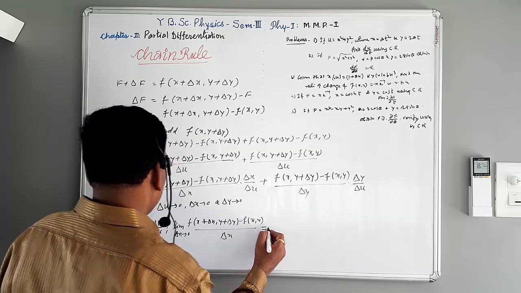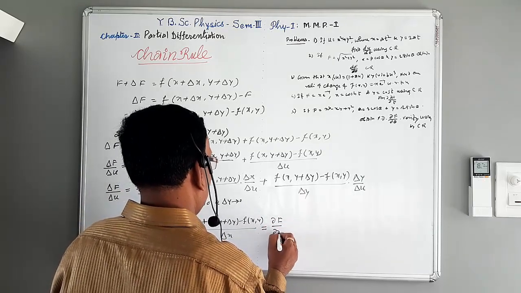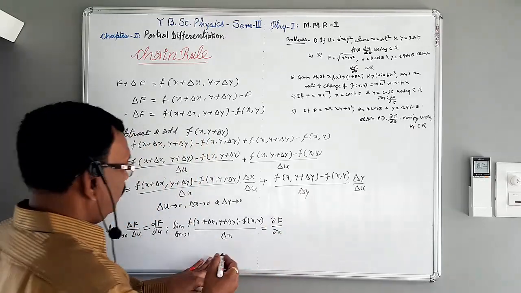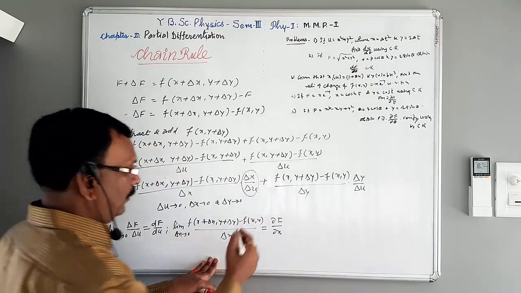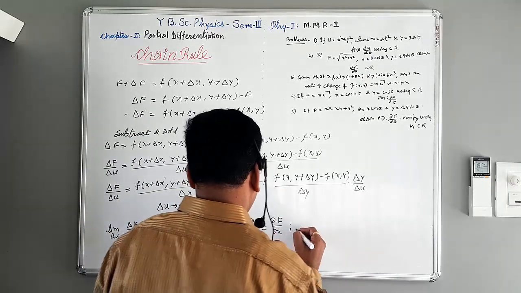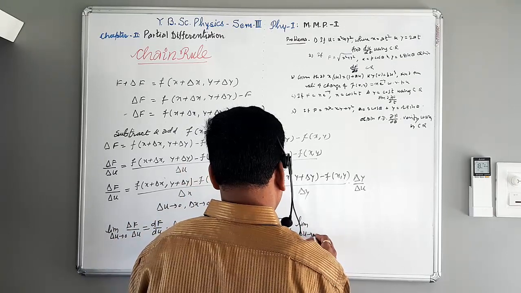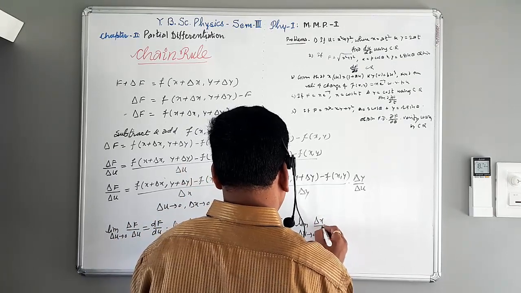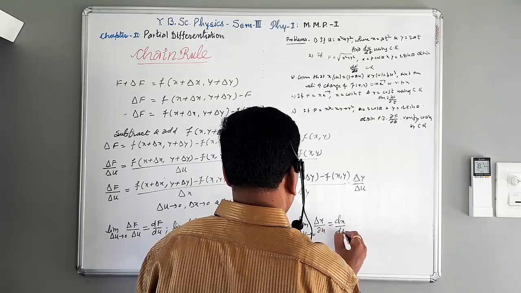This term gives us del f by del x. Now when we substitute the limit for this term, we get limit delta u tends to 0, delta x by delta u is equal to dx by du.